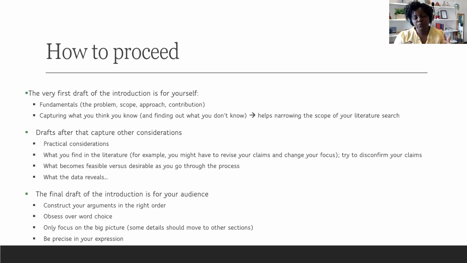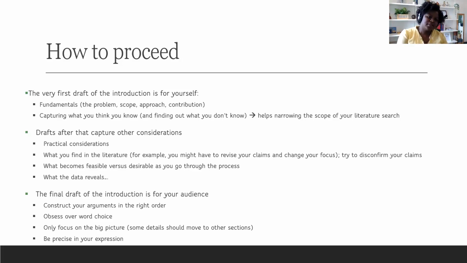And once you capture what you think you know and you realize what you don't know, it also helps to narrow the scope of your literature search. Instead of going into this vastness of thousands of papers, you might actually be able to say, no, these are my keywords. These are the key things I need to find in the literature. And that gives scope in terms of the literature that you're going to find.